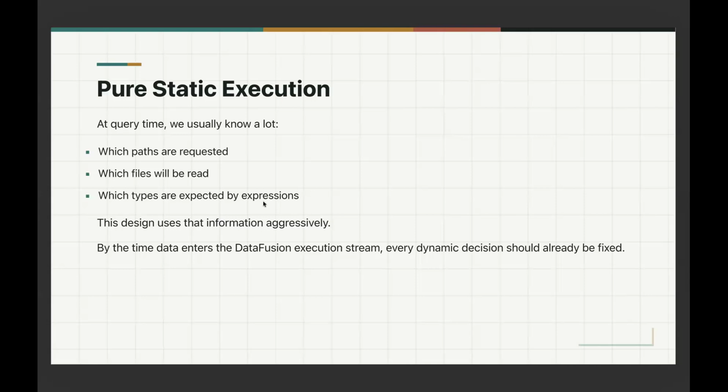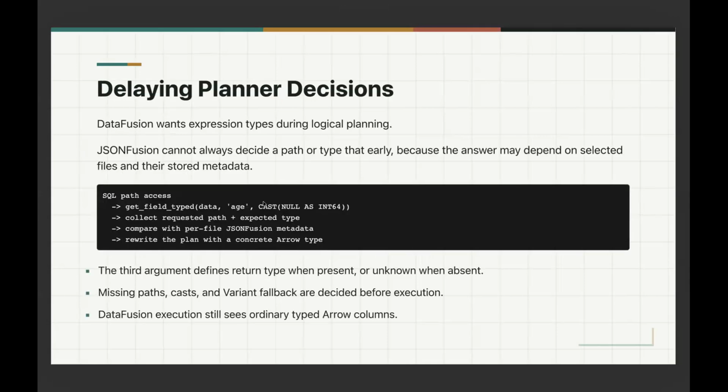I achieve this first for queries like data.a or data.age. If we do nothing special, it will fall back to the built-in dot operation, and the dot operation will try to read age as a subfield of the data column.